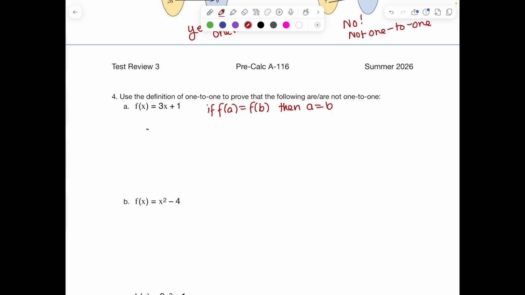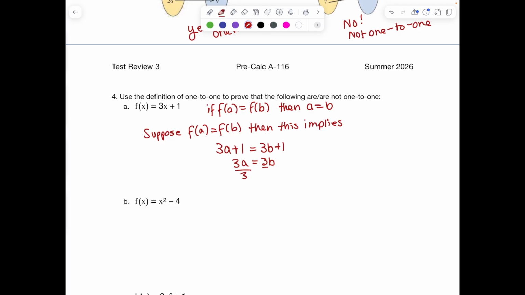So, to prove this, we need to say, suppose f of a equals f of b, then this implies 3a plus 1 equals 3b plus 1. 3a equals 3b by subtracting 1 on both sides. Dividing by 3, a equals b. Therefore, 1-to-1. And we can put our tombstone.